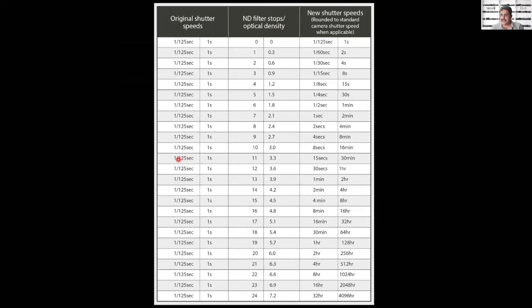This is another handy printout which I usually carry in my pocket. This is what I do when I do long shutter speed photography. First, I don't add the filter first. I take the normal exposure using the aperture I want and the ISO I want. In most cases it's ISO 100.